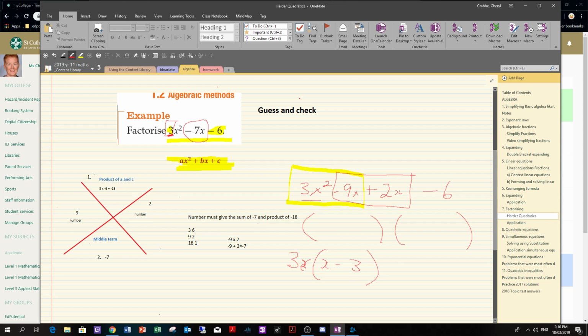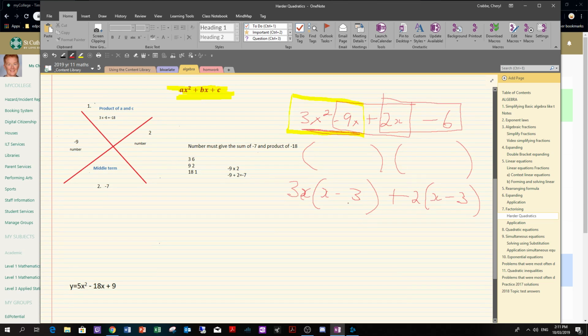So we've factored out a common factor, which is 3x, and we're left with x minus 3. And then plus, we do the same thing with the other pair of terms: we factor out a 2, and we're left with x minus 3.